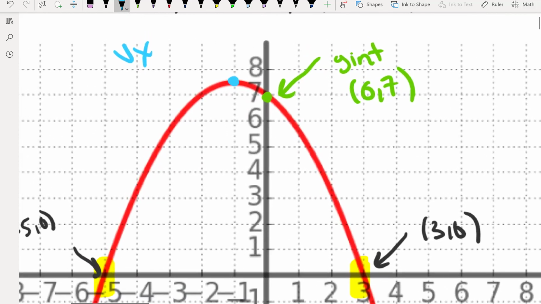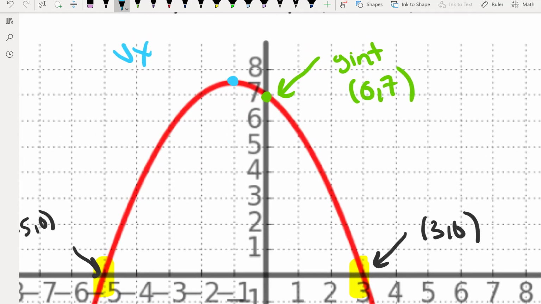If I inspect that a little bit further, I can see that the vertex is at -1 for my x value, and the y value is halfway between 7 and 8. That's why I zoomed in on it so much. You can see it's not exactly at 7, it's not exactly at 8, so it's about 7.5.